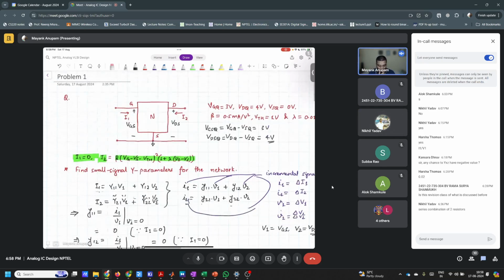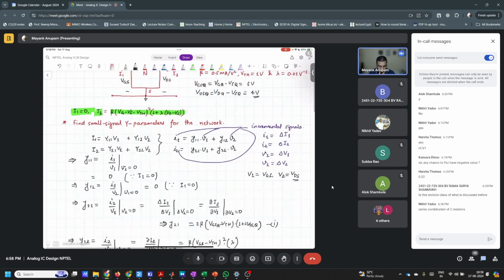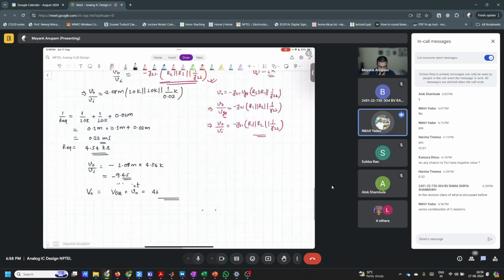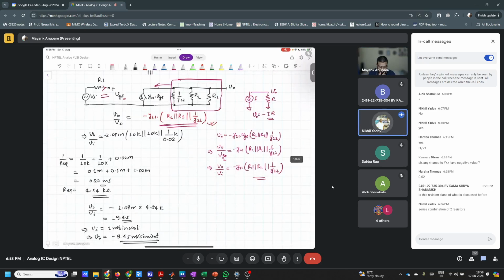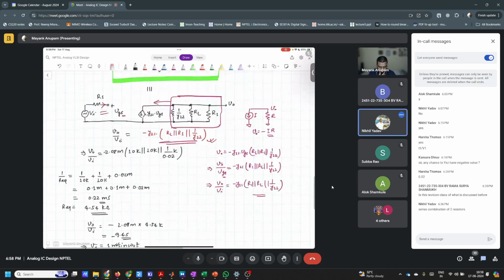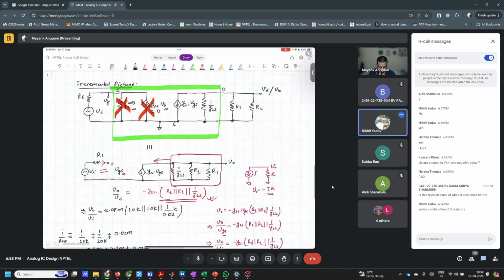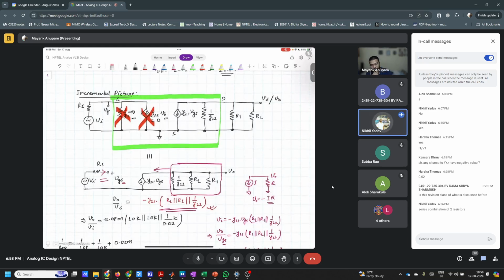Good. So I hope everyone understood everything. There is one thing I'd like to go over in the small signal equivalent diagram. Here the current is zero, that's why the current source is zero, that's why it is open. This resistance is high, so no current flows, that's why you have open circuited.